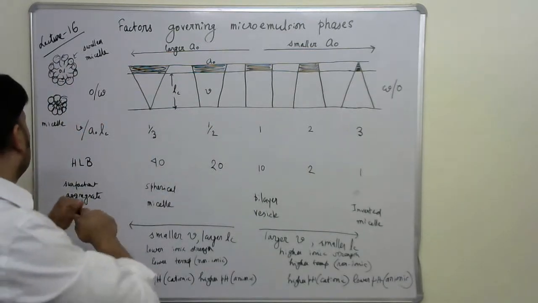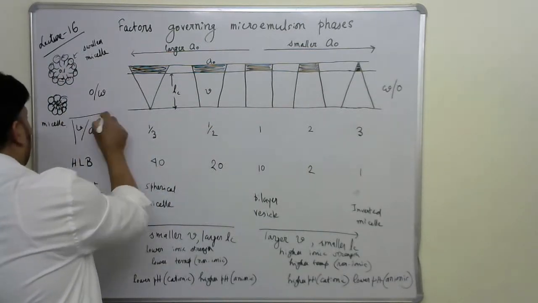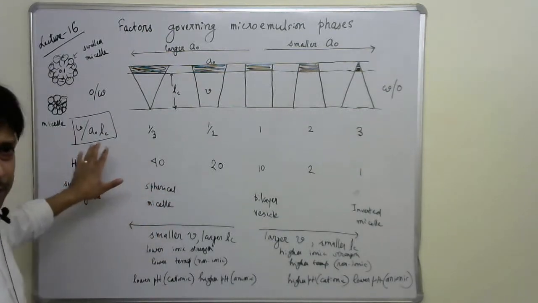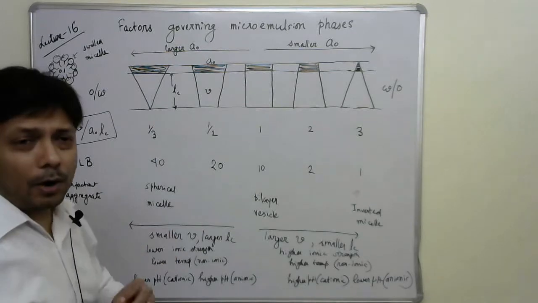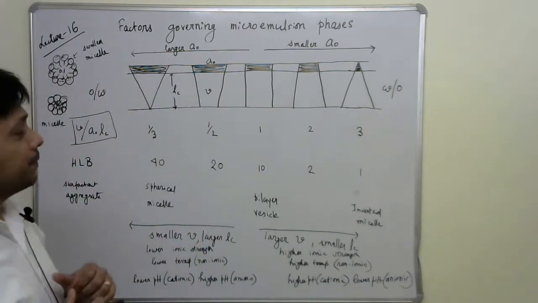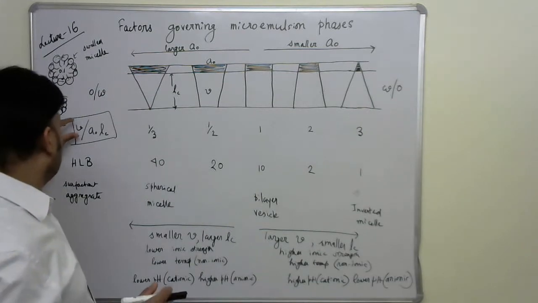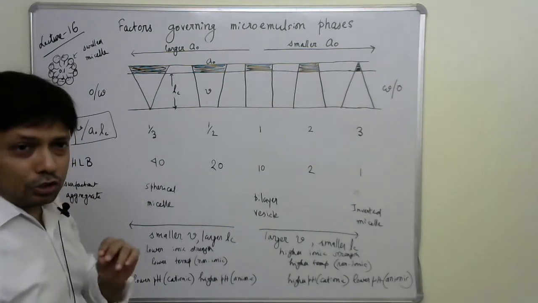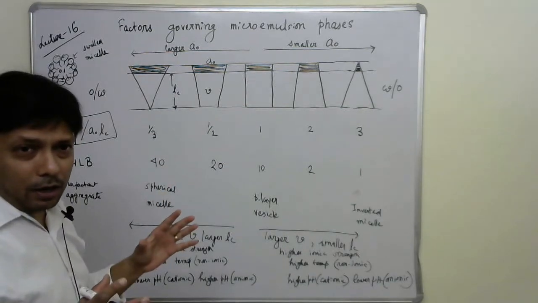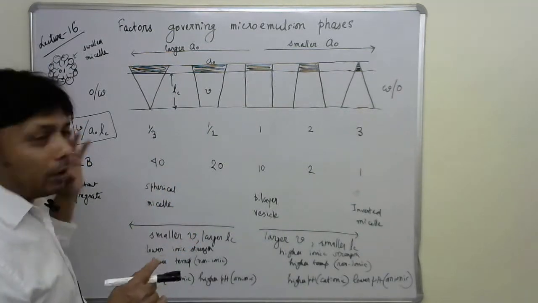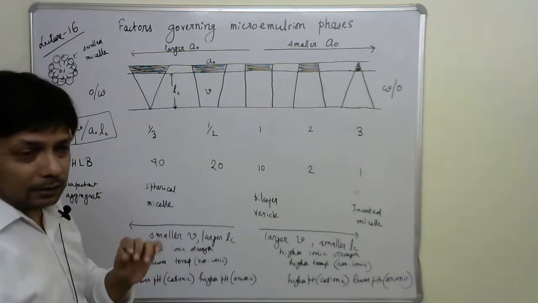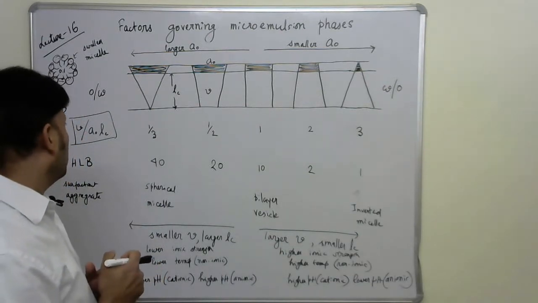This ratio V over A naught multiplied by LC is nothing but the critical packing parameter, as we have learned in the chapter on micelles. Once again, V is the volume of the hydrocarbon chain, A naught is the area of the polar head group, and LC is the critical chain length.